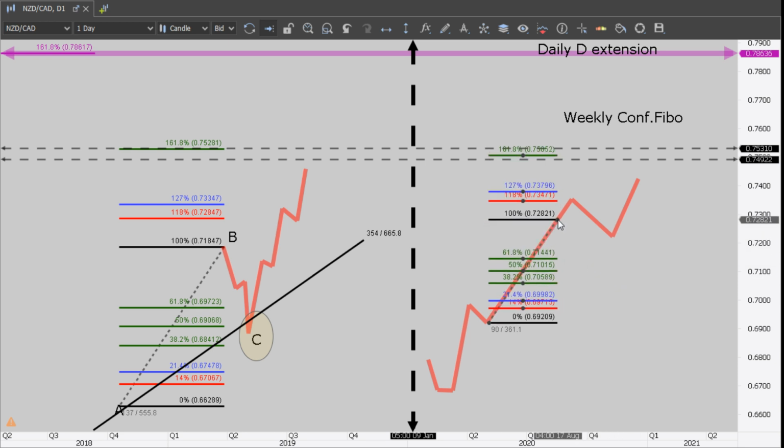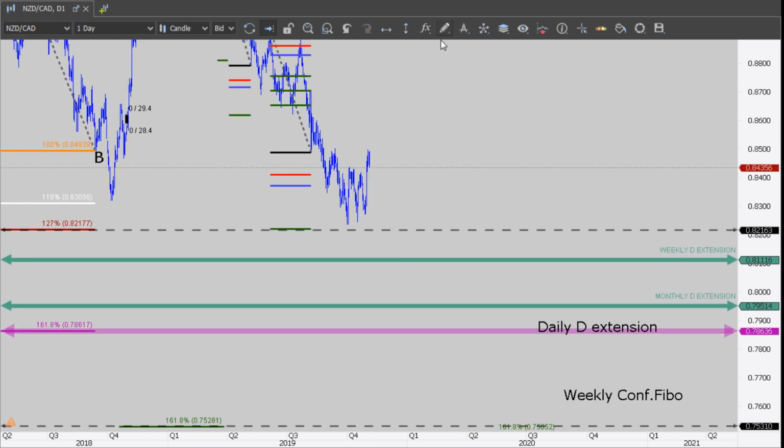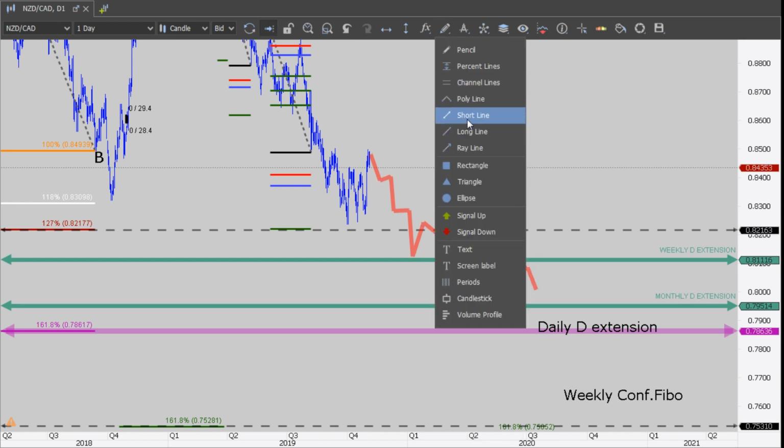And one more thing, everybody. You don't have anything to lose. What do you have to lose if you take profits on the weekly D extension in here? The market is going to push lower, hit the weekly D extension, start to retrace. What do you have to lose? If it's going to push lower to hit the monthly, you just re-enter again.